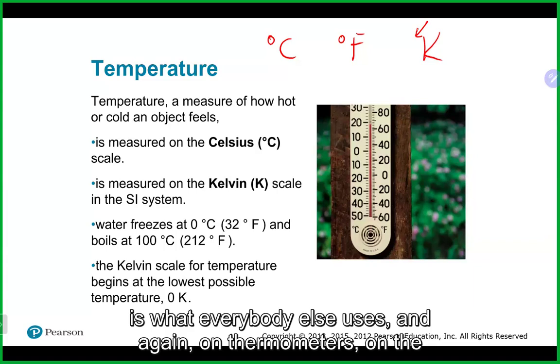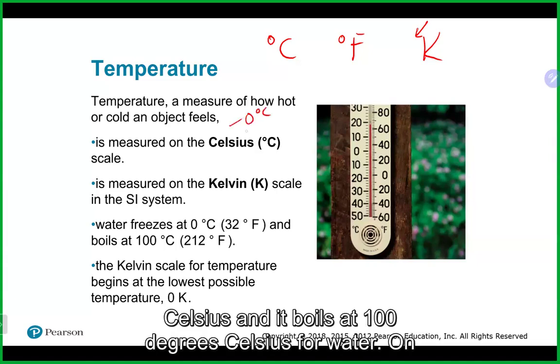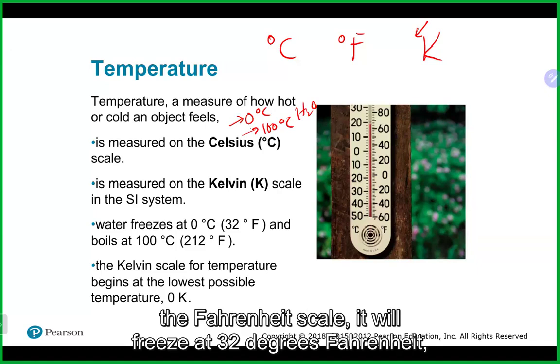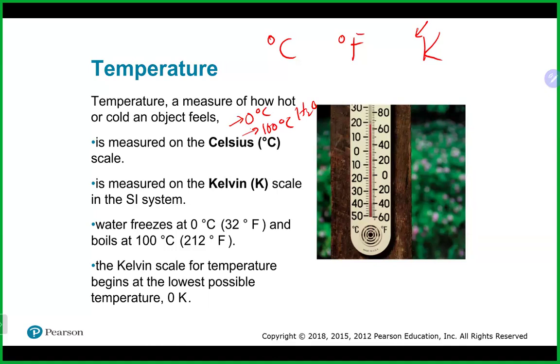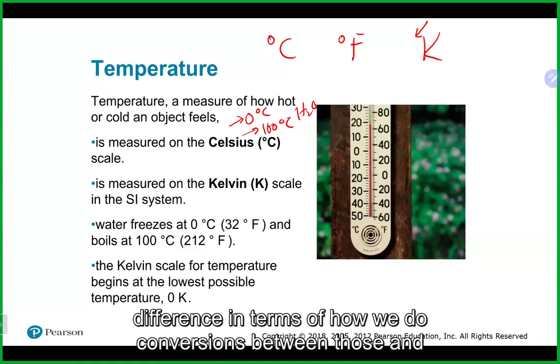And again, on thermometers. On the Celsius scale, for example, water freezes at 0 degrees Celsius and it boils at 100 degrees Celsius for water. On the Fahrenheit scale, it will freeze at 32 degrees Fahrenheit and it will boil at 212 degrees Fahrenheit. That is also the difference in terms of how we do conversions between those.